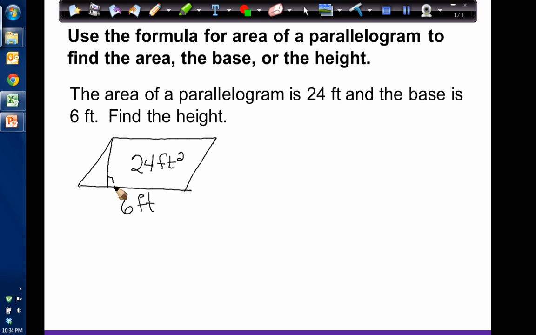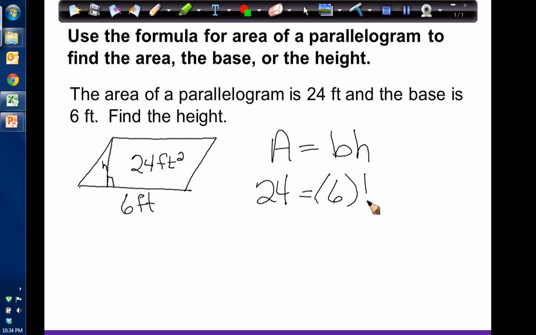What is h? So the formula tells us area equals base times height. The area is 24. The base is 6. What is the height? We can divide both sides by 6, and we get 4 is the height. So 4 feet.